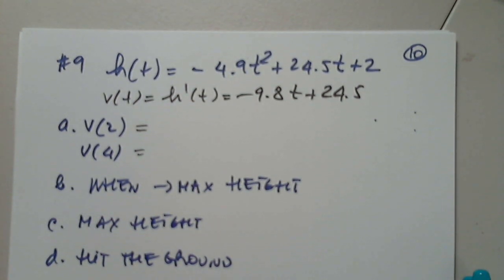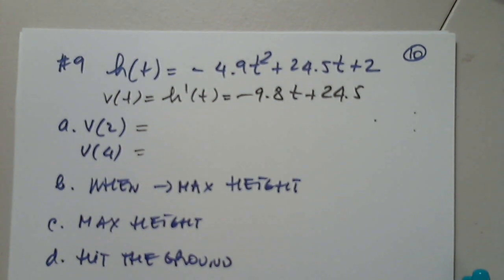So what I highly recommend, put in the graphing calculator and determine them immediately. So negative 9.8 t plus 24.5. And then second and table. And I need to plug in 2 and 4. Whatever I get, I don't care.